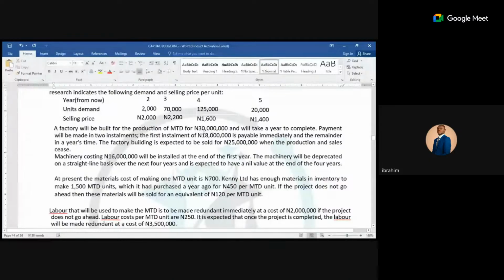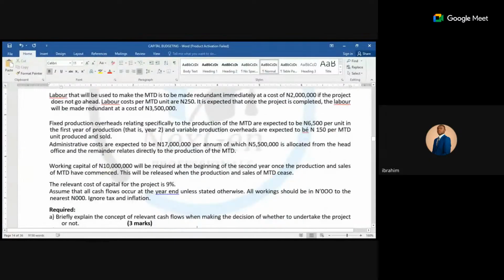That is at year 0, when we've not even started producing at all. And the remainder in a year's time. After year 0, you have year 1. So we can have factory building.